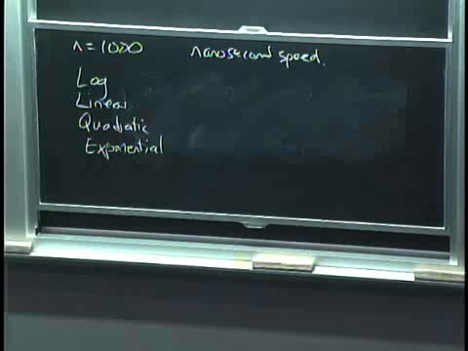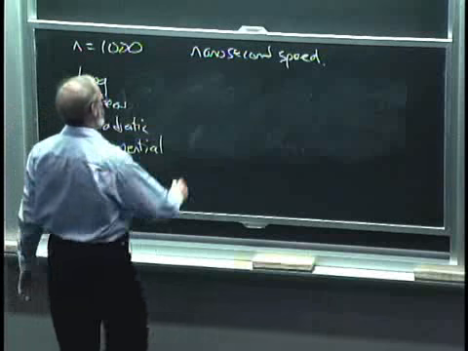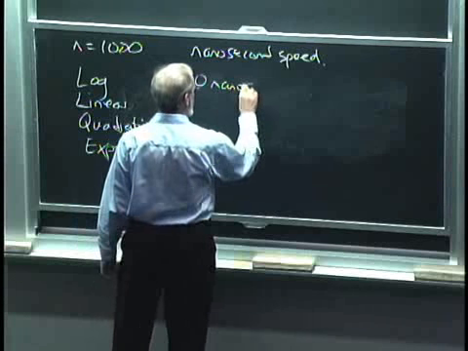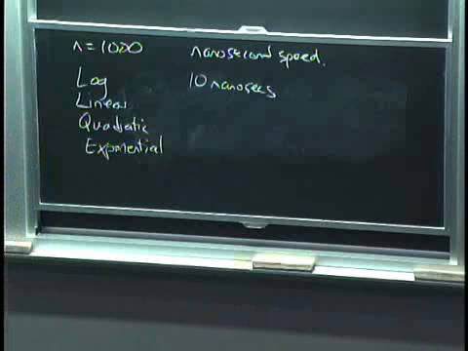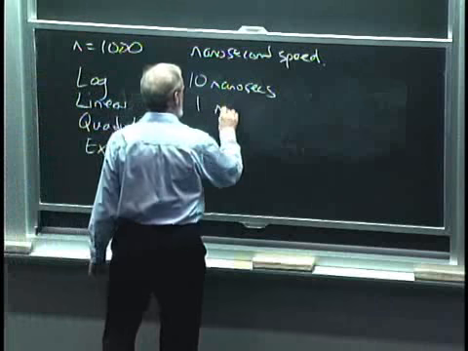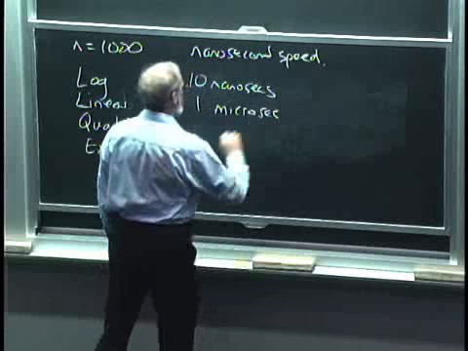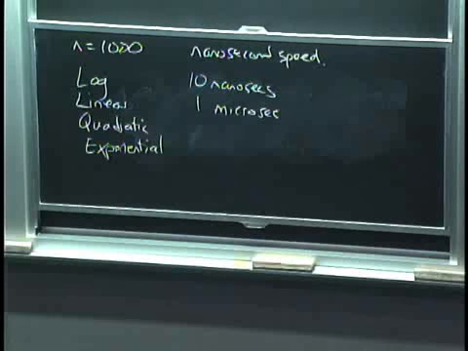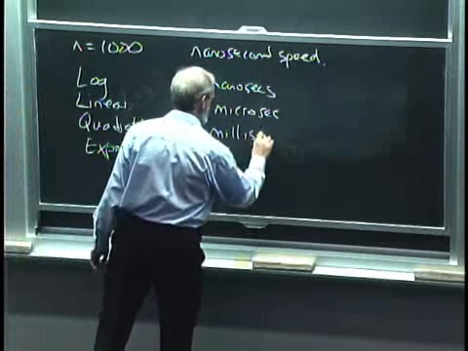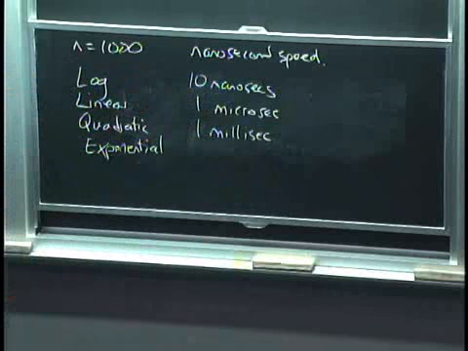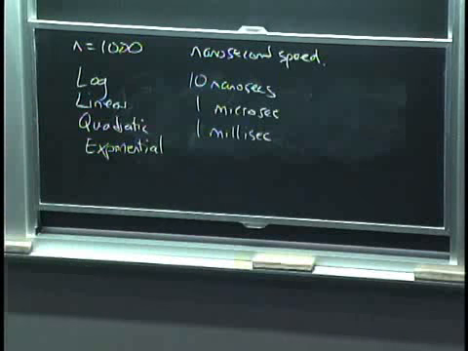If I'm running at nanosecond speed, and the size of the problem is 1,000, and I've got a log algorithm, it takes 10 nanoseconds to complete. You blink, you miss it. If I'm running a linear algorithm, it'll take 1 microsecond to complete. If I'm running a quadratic algorithm, it'll take 1 millisecond to complete. And if I'm running an exponential algorithm, any guesses?